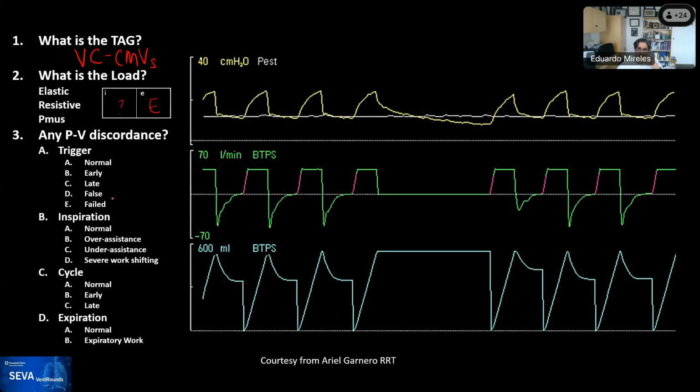All right. So I have a couple of falses there, and I'll ask for some comments in a second. Let's see, what do you think about inspiration? Is it normal? Is there over assistance, under assistance, or severe work shifting?